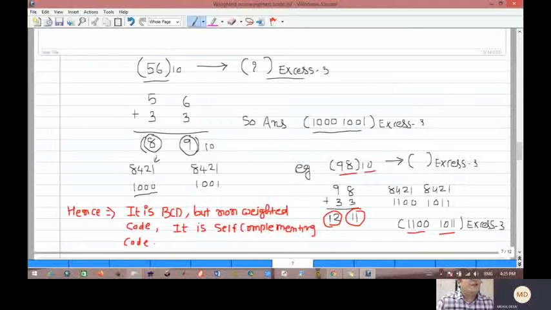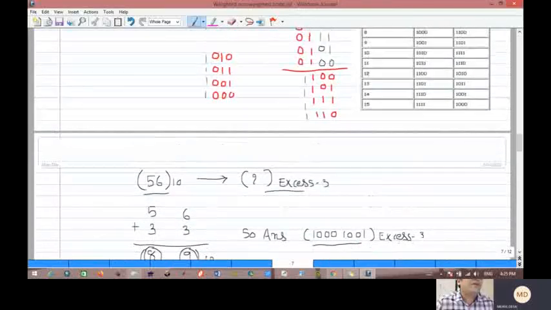Here it is related to BCD code, but it is not directly weighted, so it is a non-weighted code. It is also called a self-complementary code. So this is excess-3 code: when a decimal is given, we add 3 and convert to its BCD value.